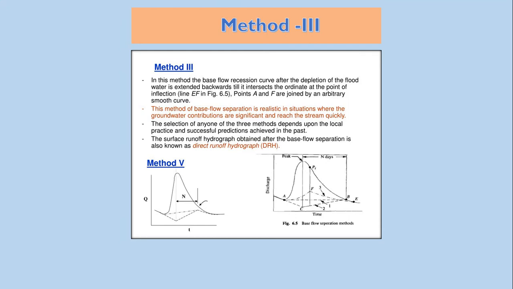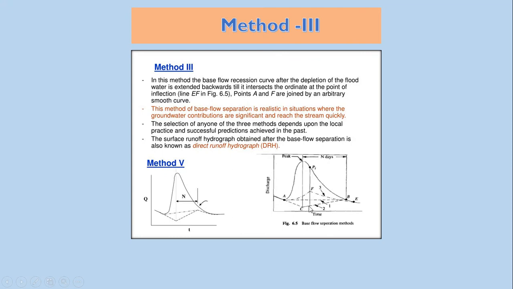This method of base flow separation is realistic in situations where the groundwater contributions are significant and reach the stream quickly. So this is regarding method number 3. So what is this method? The part of the recession curve after this point B is extended backward until it cuts the ordinate drawn at the inflection point.